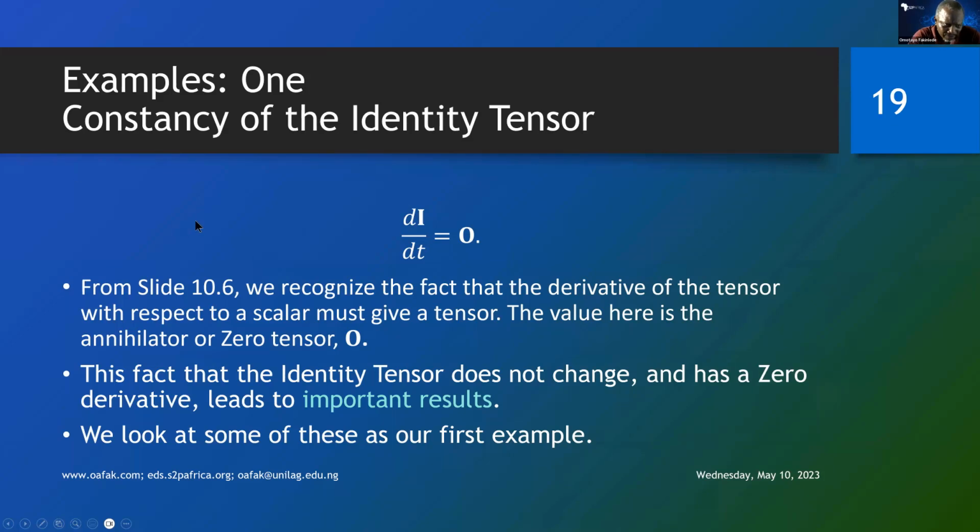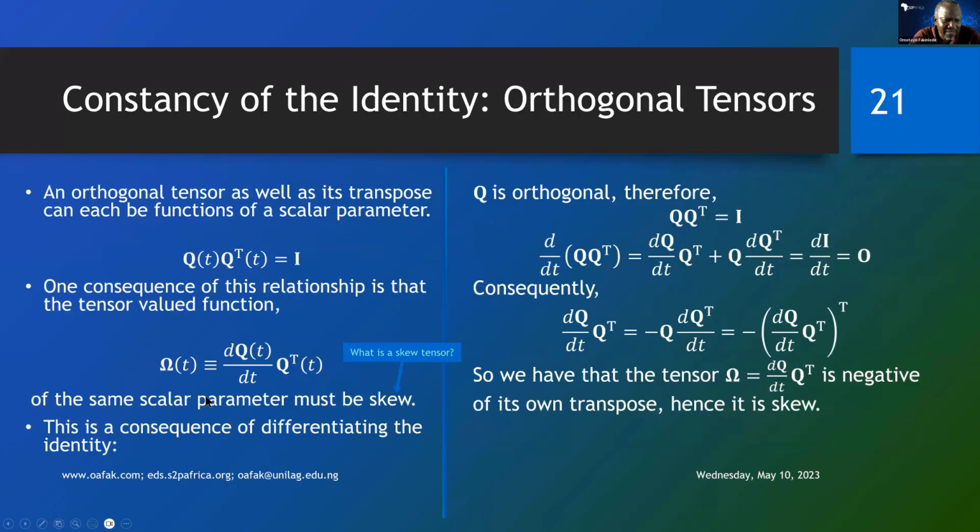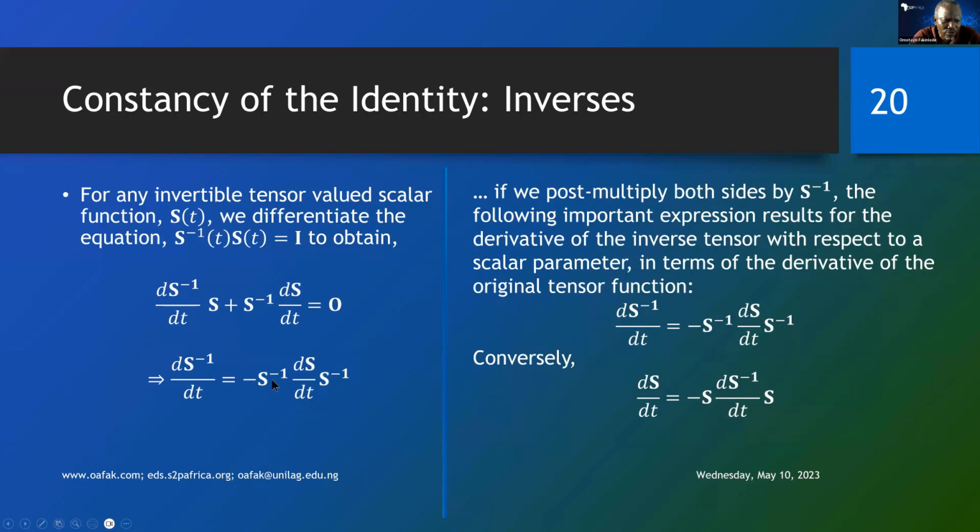And then, since the product of a tensor and its inverse is equal to the identity tensor, and the derivative of the identity tensor is the annihilator tensor, that means that the derivative of the product is simply equal to the annihilator, which is the 0 tensor. So with that, we can reach the conclusion that dS inverse dt is equal to minus S inverse dS dt S inverse.